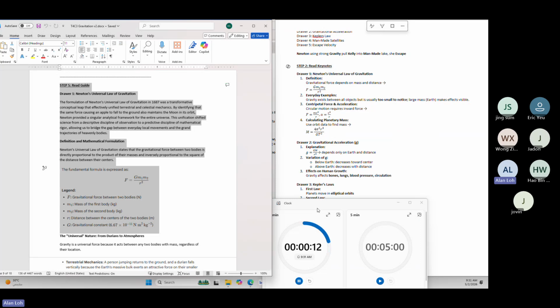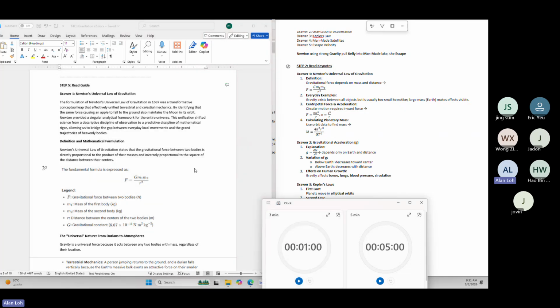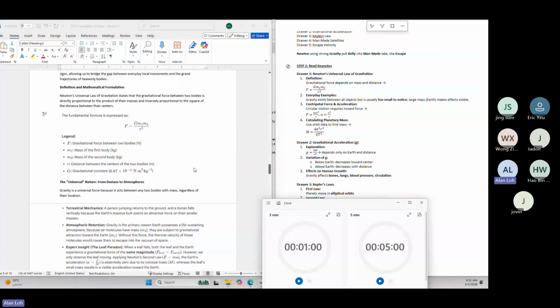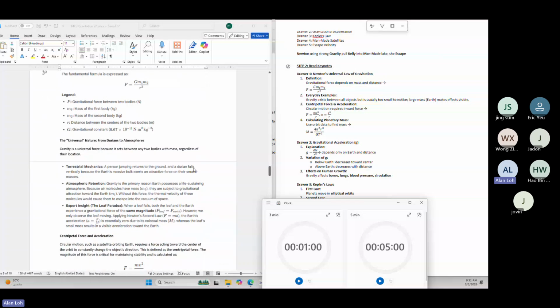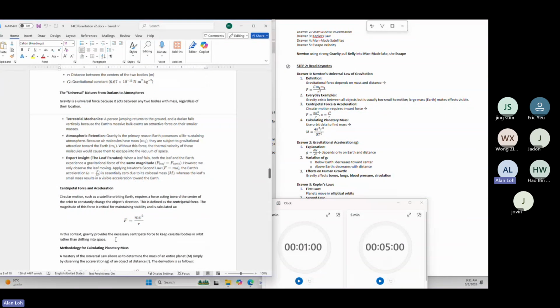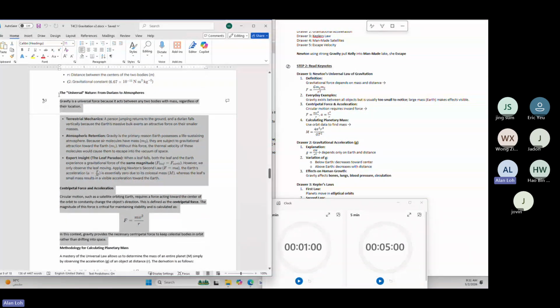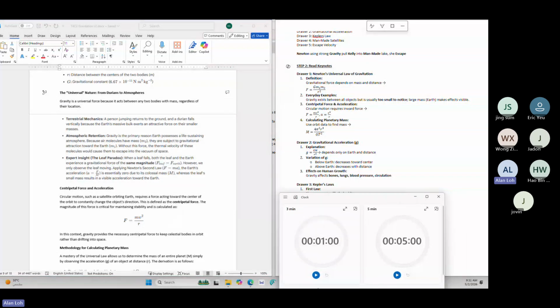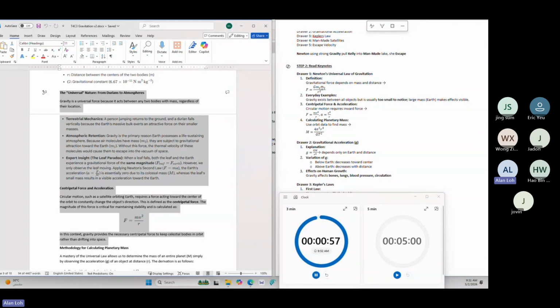All right, 10 seconds. This is touching point number 1. Okay, let's continue. This part here. This touching point number 2 and 3. Everyday example and centripetal force.